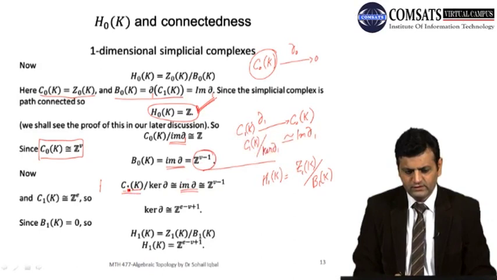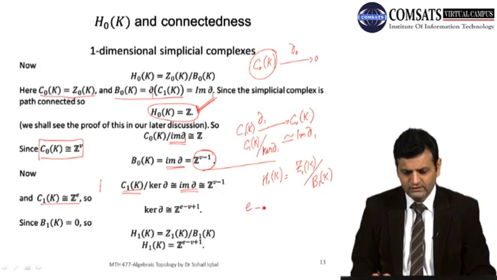C₁ is isomorphic to E copies of Z. So E minus something is equal to V minus 1. C₁ has rank E; we don't know the rank of the kernel, so let's say the rank of this is X. Then E minus X is equal to V minus 1, which is the rank of the image of ∂₁.